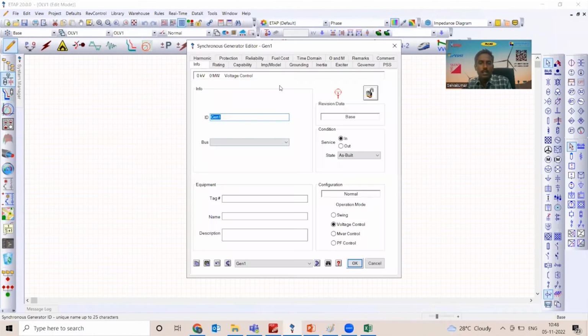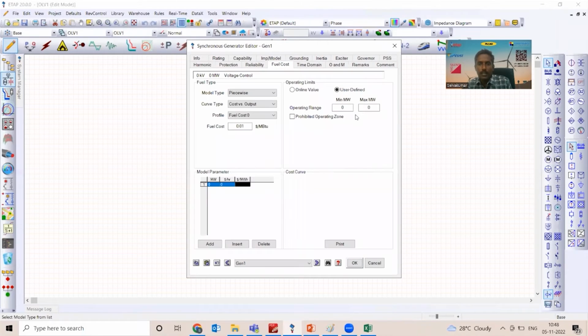I'm just picking a generator here, and let's look at fuel cost. There is something called minimum megawatt and maximum megawatt. If we say a 500 megawatt generator or a 400 megawatt generator, it doesn't mean the generator can operate anywhere between 0 megawatt and 400 megawatt or 0 megawatt and 500 megawatt. The answer is no. There is something called technical P minimum.